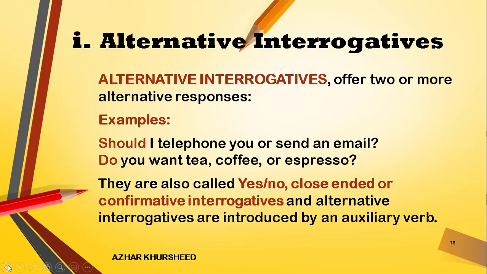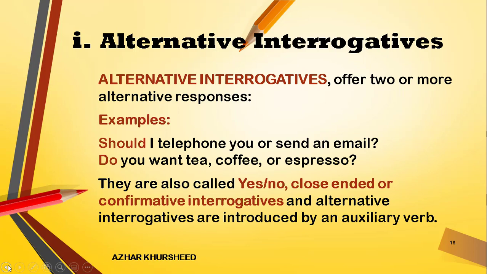They are also called yes-no, closed-ended, or confirmative interrogatives. Why are these so? Because in the reply to these questions, you'll reply yes or no. Let me give another instance. Hey, would you like to take some tea? Yes, I would. No, I would not. Closed-ended, why are they known as closed-ended? Because the answers are closed. The answer is either no or yes.